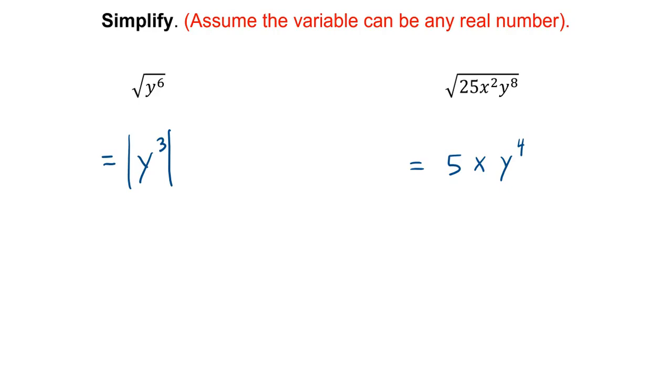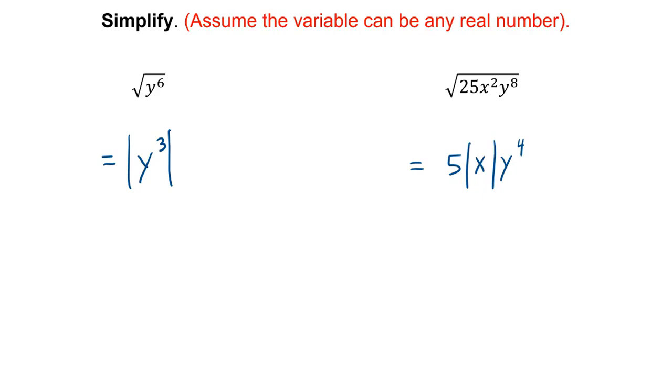But are each of my variables guaranteed to represent positive values? x to the first, that's an odd exponent. x is therefore not guaranteed to be a positive value, so I must put absolute value bars around my x variable. What about y to the 4th?